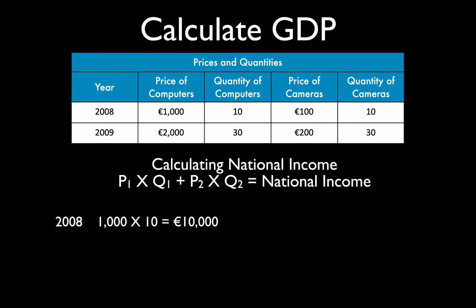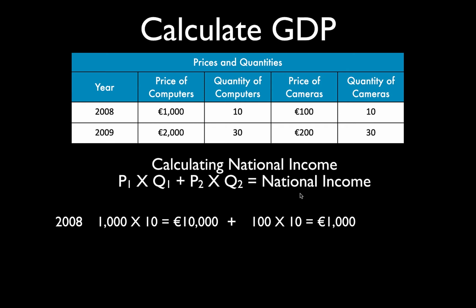So what we have now is the total value of all output of all computers that has been added to the economy in 2008. So the price or value of computers in 2008 is €1,000, and there was 10 computers produced. So it's 1,000 by 10, which gives 10,000. And the price and quantity of cameras produced in 2008 were €100 and 10 units respectively.